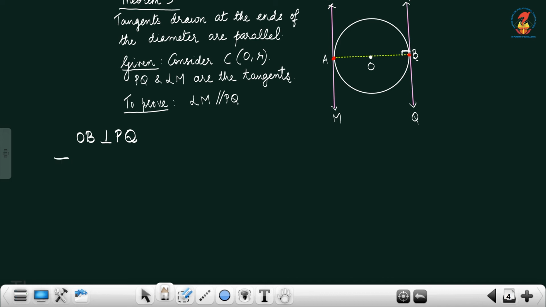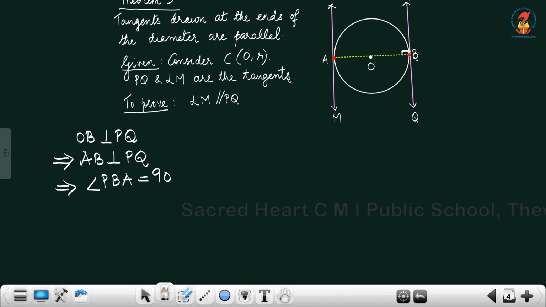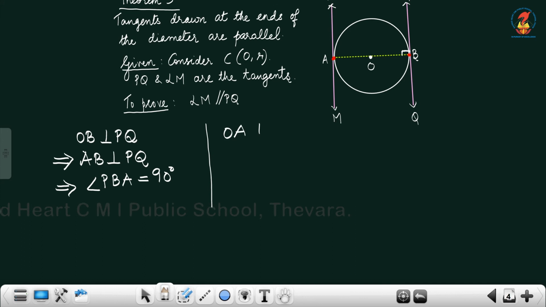If OB is perpendicular to PQ, then you can definitely say that AB is also perpendicular to PQ. This implies angle PBA or angle B equals 90 degrees. Okay. Then similarly OA is perpendicular to LM.